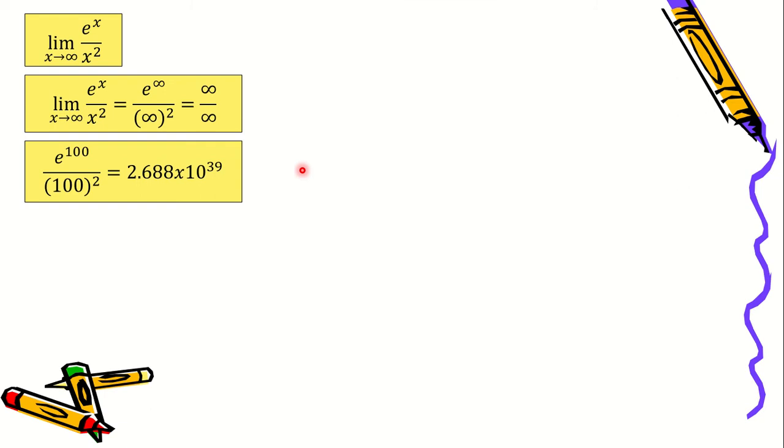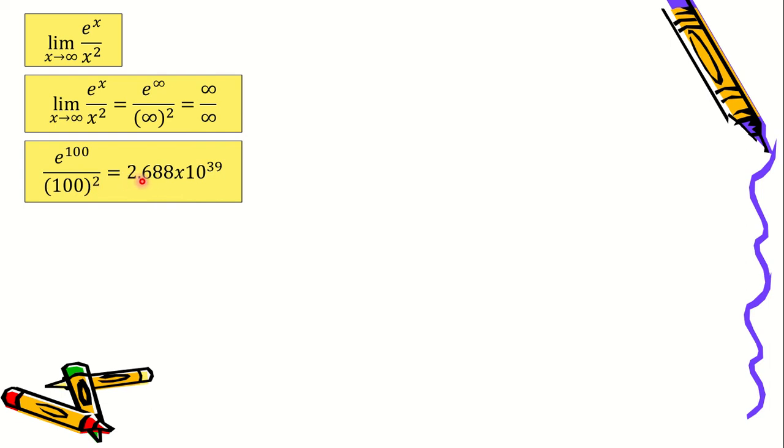Okay, so now if you plug in numbers, you can also find out the answer. So let's say mag-substitute tayo ng large number, for example, 100. So kung ita-type natin yan sa calculator, e raised to 100 divided by 100 squared, that will be a very large number.